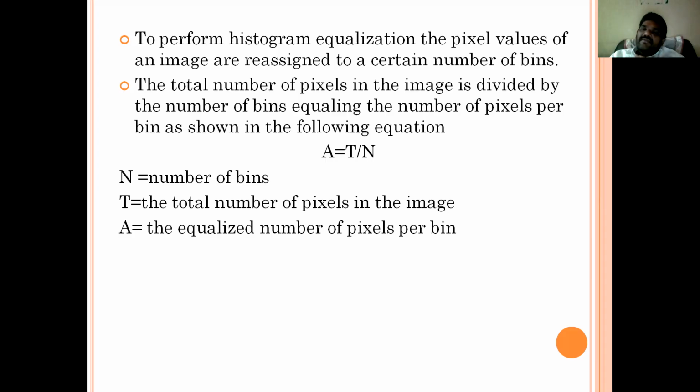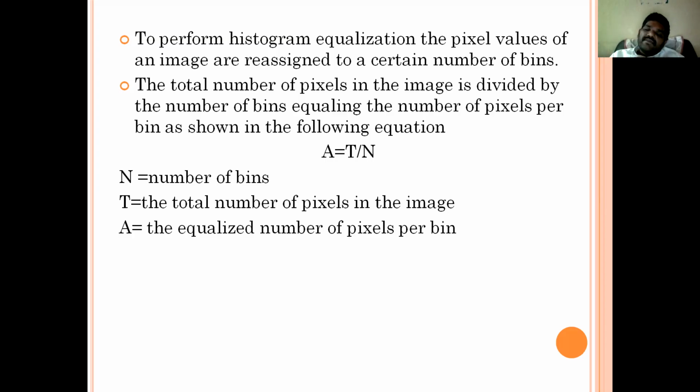To perform histogram equalization, the pixel values of the image are reassigned to a certain number of bins, each having an equal number of pixels. One bin, one small category. All the pixels are divided into bins and each bin consists of an equal number of pixels.